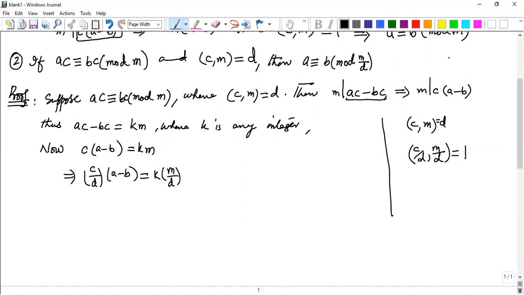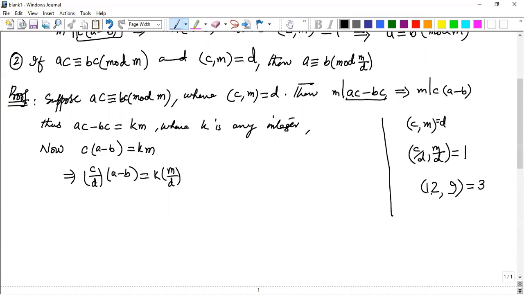Let me give an example. For example, we have 12 and 9. The GCD of 12 and 9 is 3, the greatest common divisor that divides both 12 and 9.